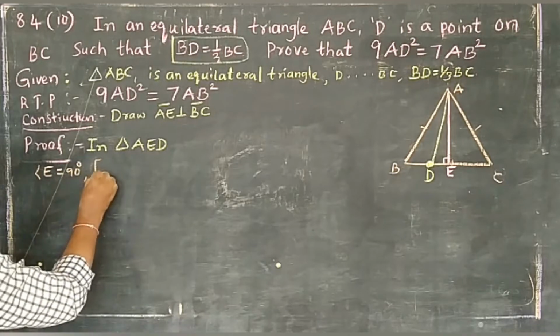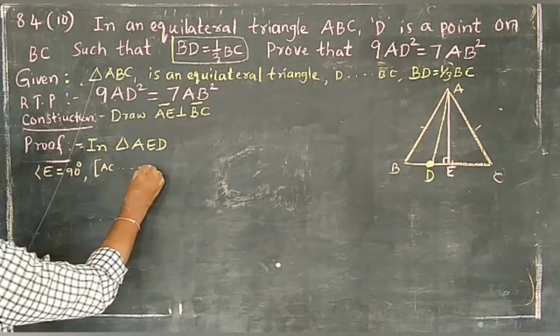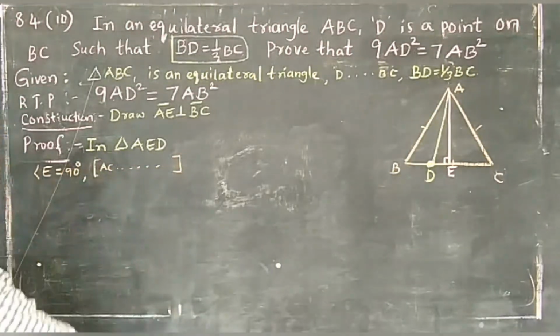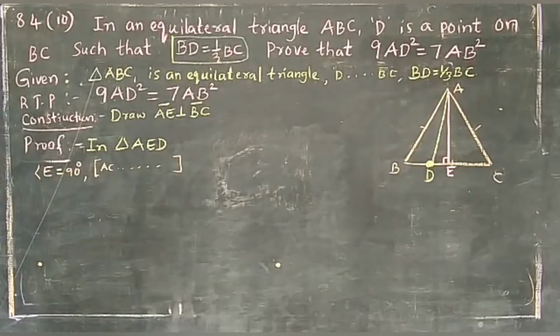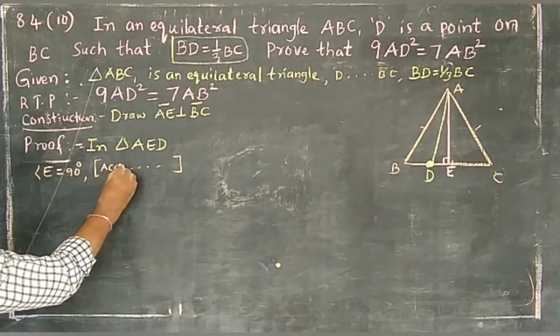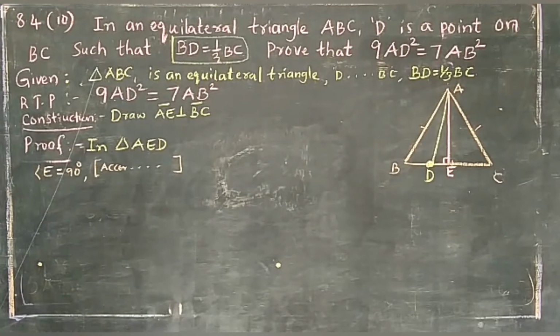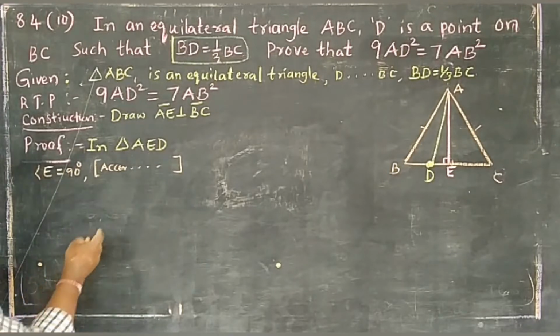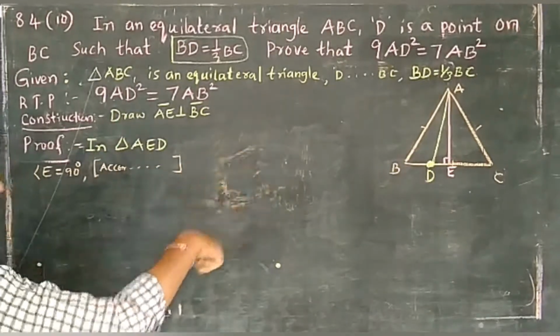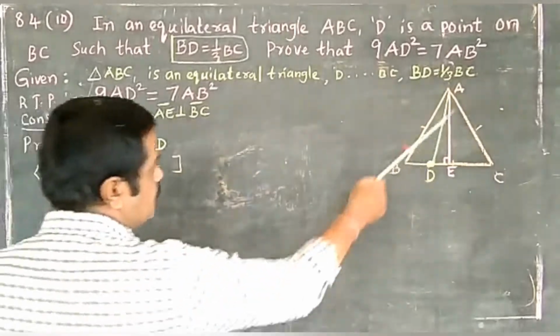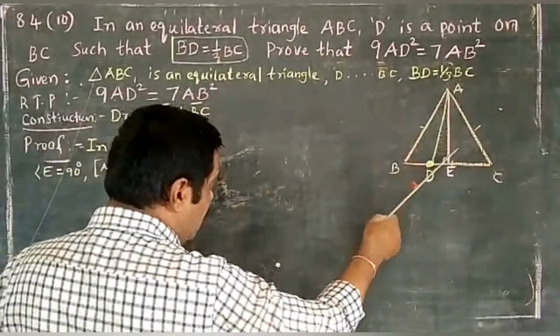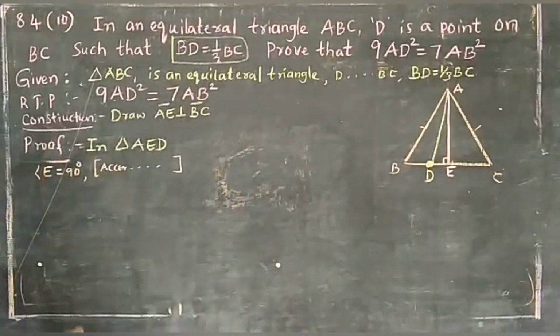According to the Pythagoras theorem, with AD, this is the hypotenuse. That is why AD square is equal to AE square plus DE square.